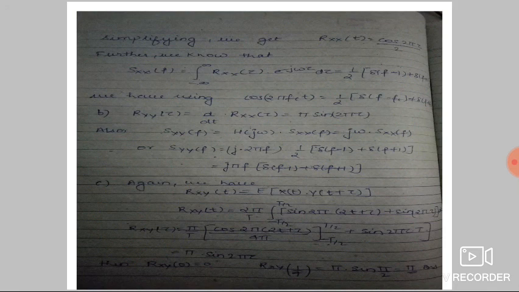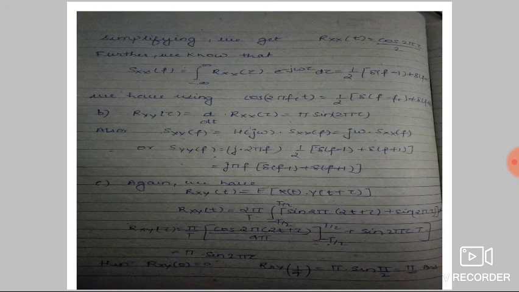Now for part C, again we have Rxy(t) equals E[x(t) y(t plus tau)]. Rxy(t) equals 2 pi / T integration from minus T/2 to T/2 of sin 2 pi (2t plus tau) plus sin 2 pi tau dt. So Rxy(tau) equals pi/T [cos 2 pi (2t plus tau) / 4 pi, from minus T/2 to T/2, plus sin pi tau t].